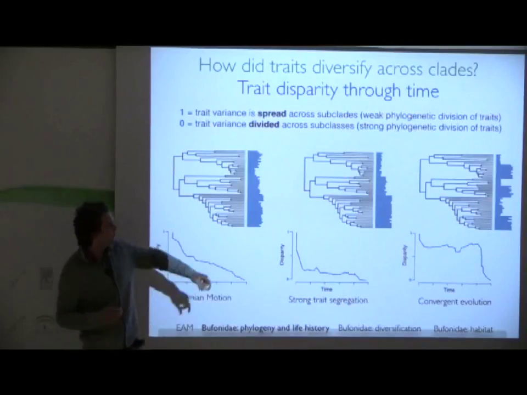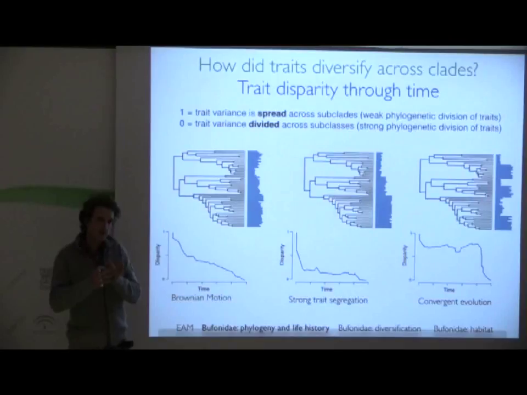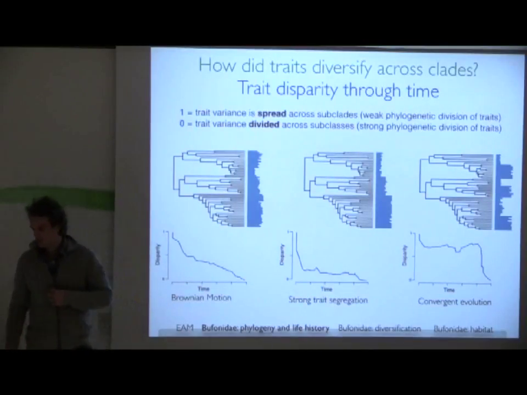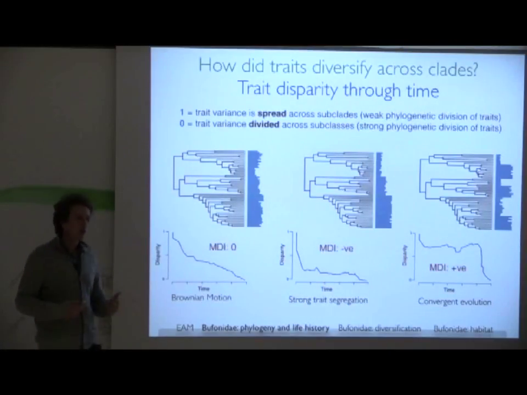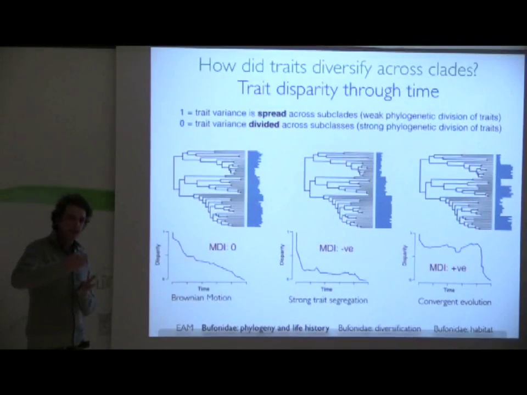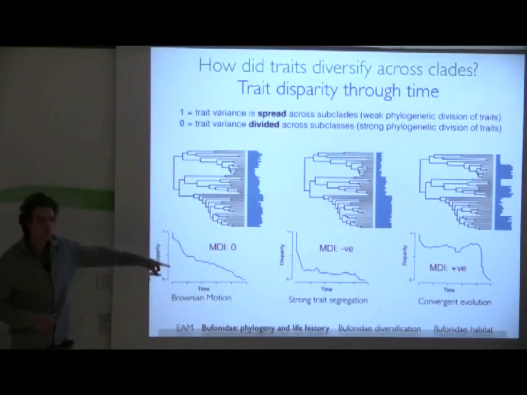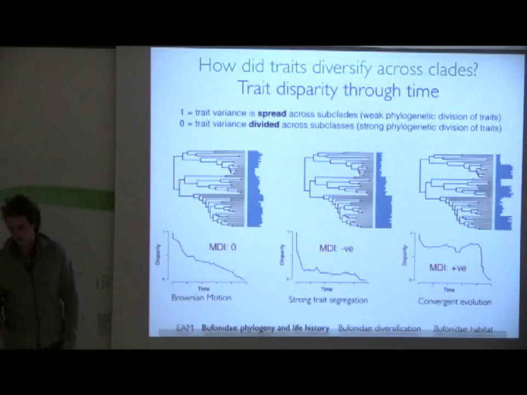And what that essentially means is that within these three subclades, the variance within that subclade is comparable to the variance of the entire clade. And that's often an indication of convergent evolution. You can get a measure of how much your trait space deviates from the expected Brownian motion model, and that's essentially just the difference in the area between your observed curve and a simulated Brownian motion curve.